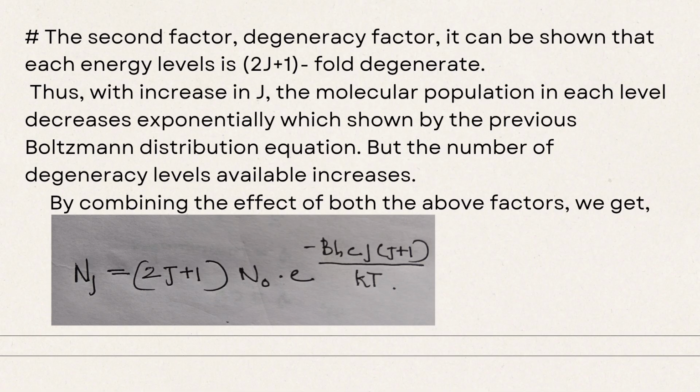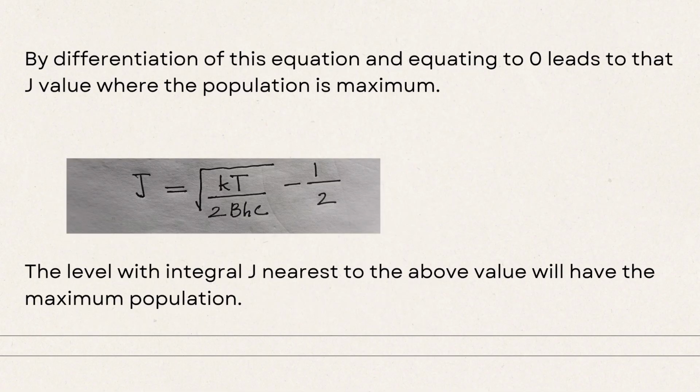By combining the effects of both the above factors, we get Nj = (2J+1) N0 e^(-BhcJ(J+1)/kT). By differentiation of this equation and equating to 0, we get the J value where the population is maximum: J = √(kT/2Bhc) - 1/2.